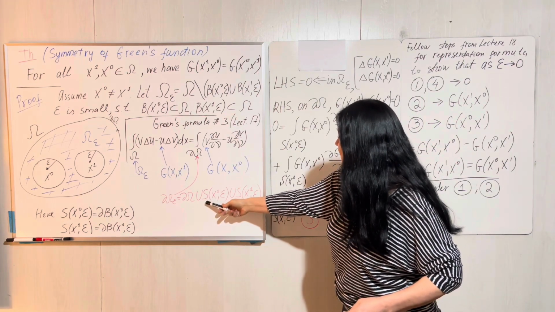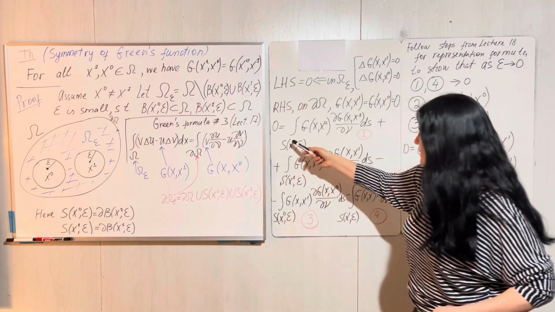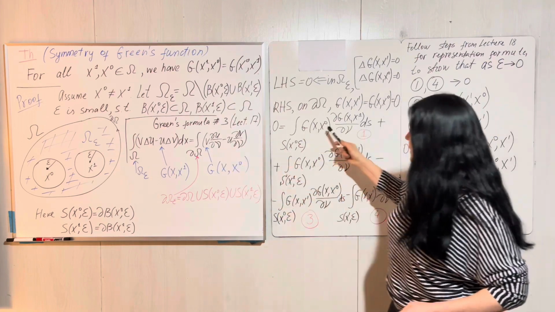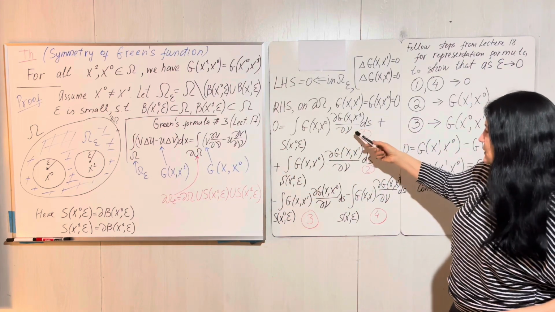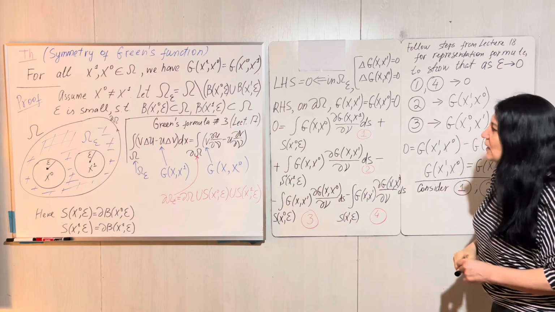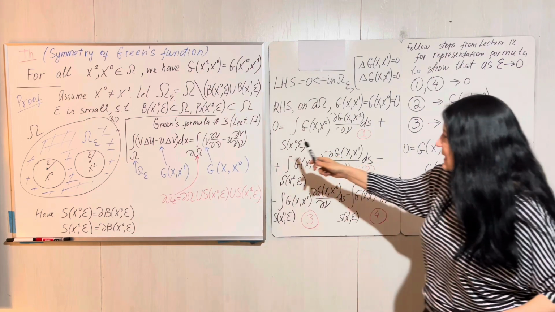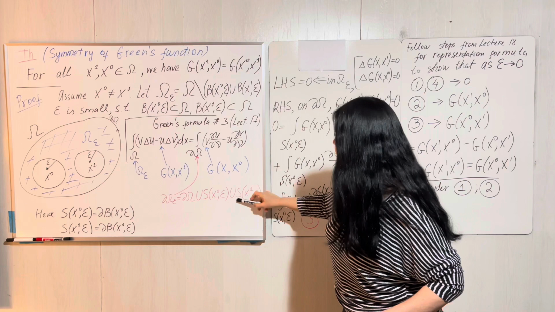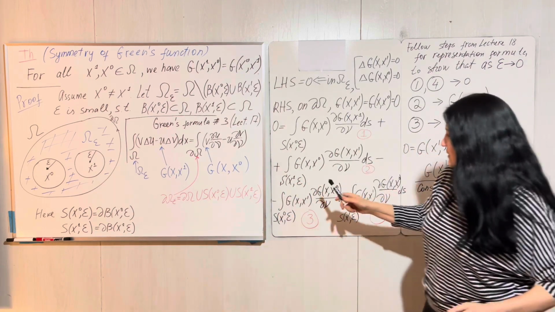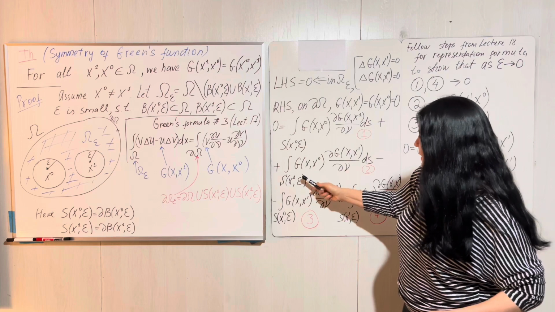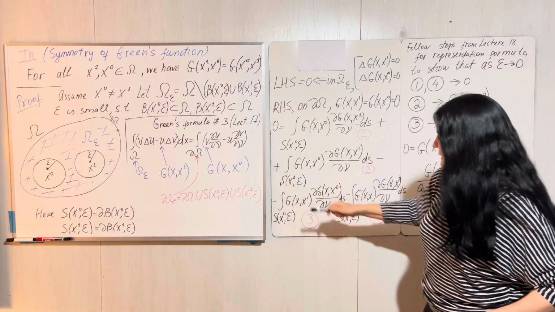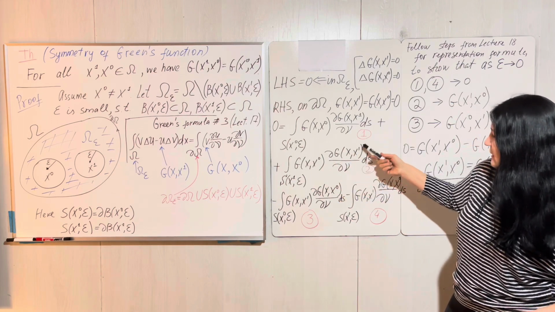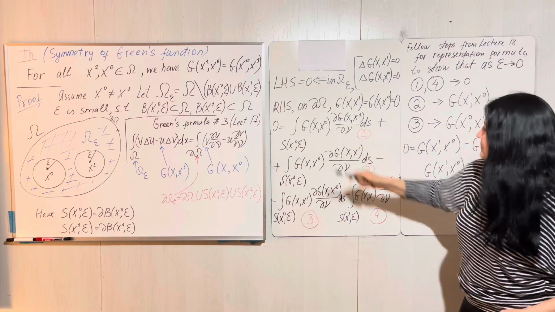taking as a boundary part of the boundary S x0 epsilon. And here we will have the integral of g at x, x0 times dg at x, x1 over dn ds, the first integral. Then the second integral is the same term integrated over the other sphere, centered at x1, with the same integrand.